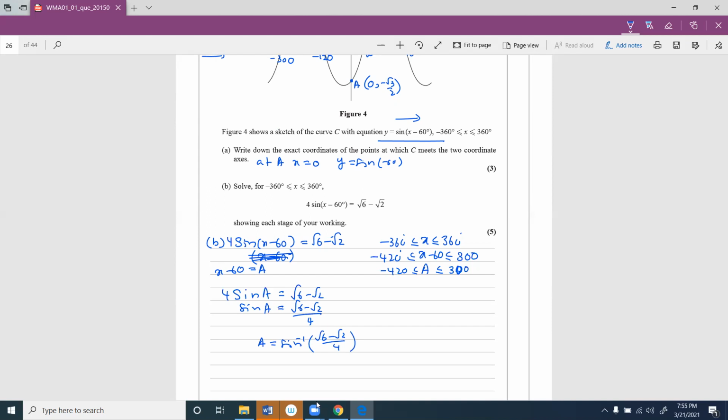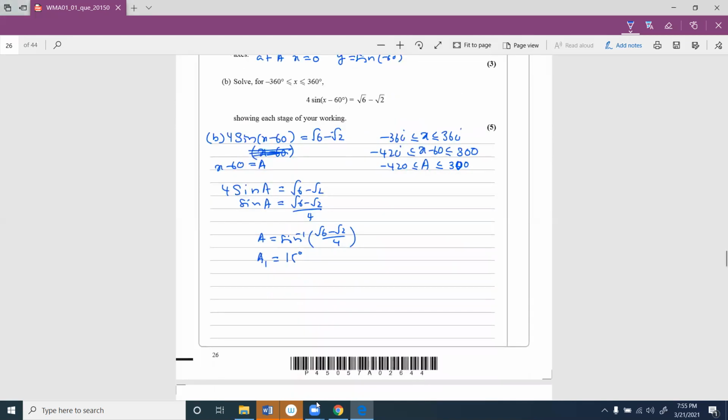That is 15 degrees. The first angle is 15. Then for the second angle, we can find the rest of the solutions later. The second angle you can find using sine of 180 minus theta. So the second angle is 165.